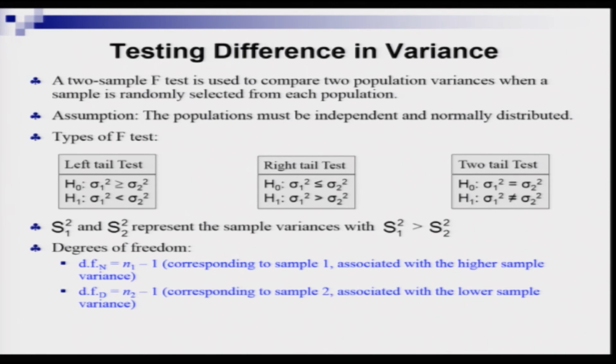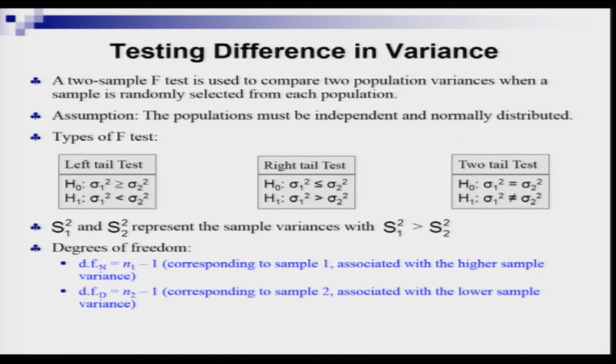Now, the question is that we do not have any a priori knowledge about the population variance values. So, we do not know sigma 1 square and sigma 2 square. Then how to proceed? We have to draw a sample and calculate the sample variances from these two samples, and let me call them S1 square and S2 square. After calculating S1 square and S2 square, most likely we are going to see that one of these is higher than the other.